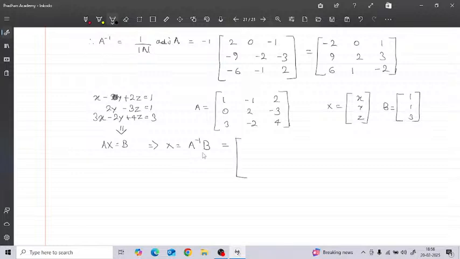So that it will be minus 2, 0, 1, 9, 2, 3, 6, 1, minus 2 times 1, 1, 3. Okay, so let's multiply. Minus 2 plus 3, that is 1, 9 plus 2, 11, plus 3.